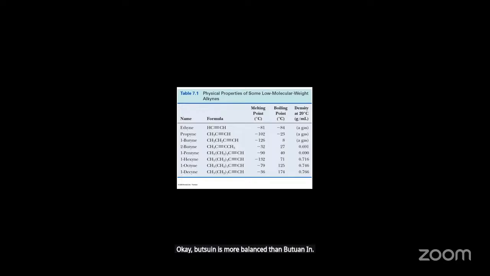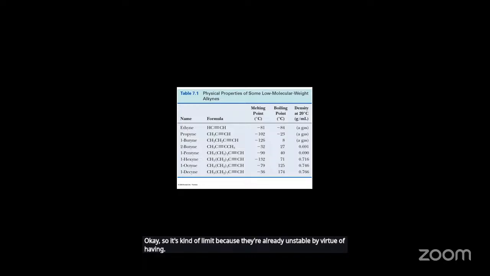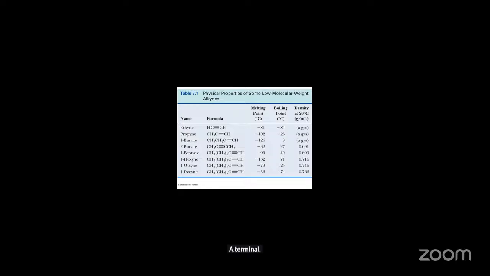So the more the balance, the higher the melting point, because this one is unstable already. So it can easily melt, because it is already unstable by virtue of having a terminal triple bond. Anyone that has a terminal bond is unstable, and will have a lower melting point than the one that is balanced. The same thing applies to the boiling point.